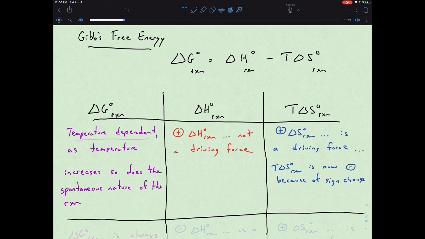Eventually, our temperature will be so large that the T delta S portion, or that negative portion of the equation in this particular example, will be greater in magnitude than the positive portion of the equation, or the delta H. And so that's why this is a temperature-dependent process.